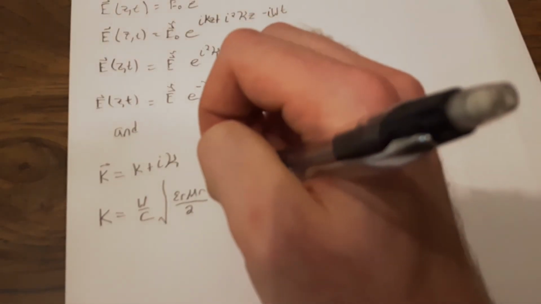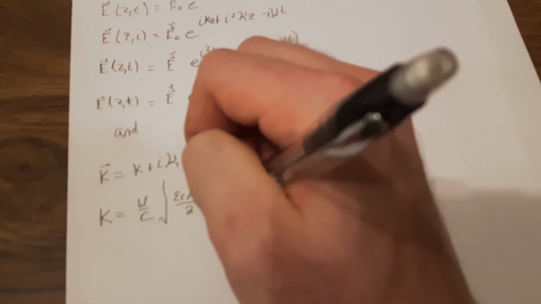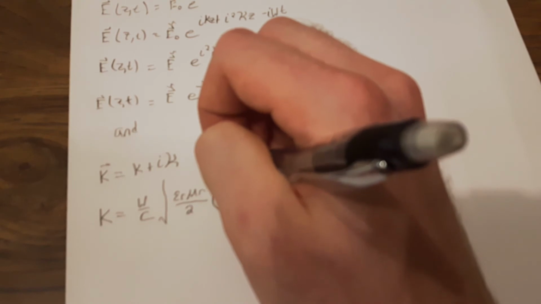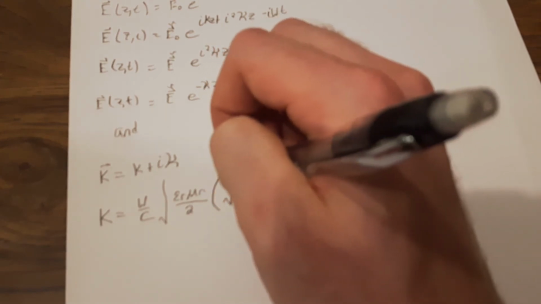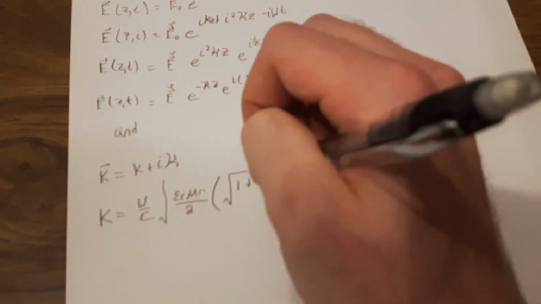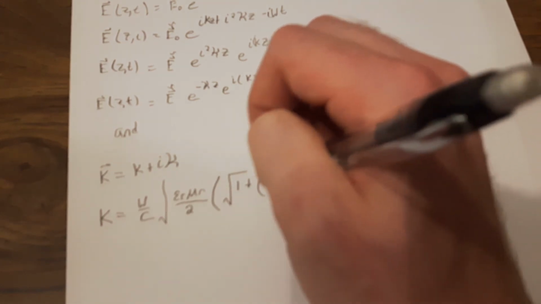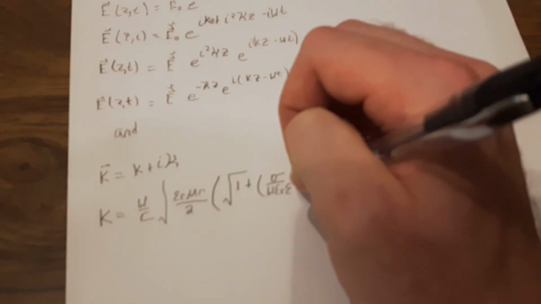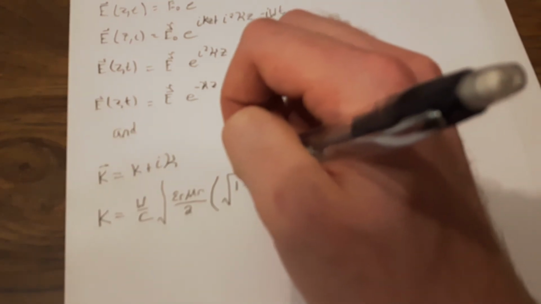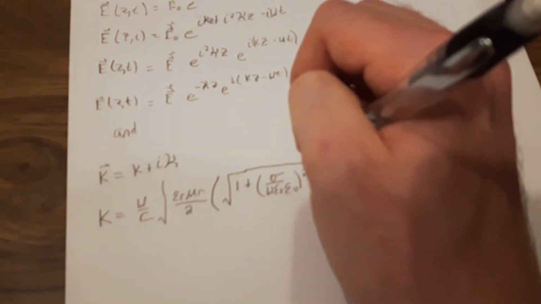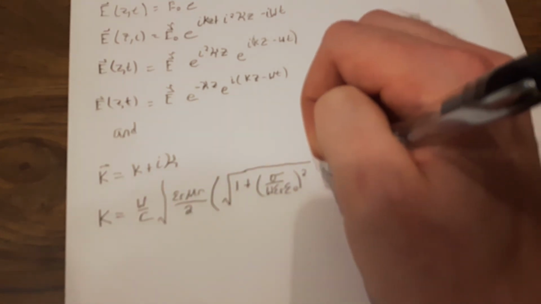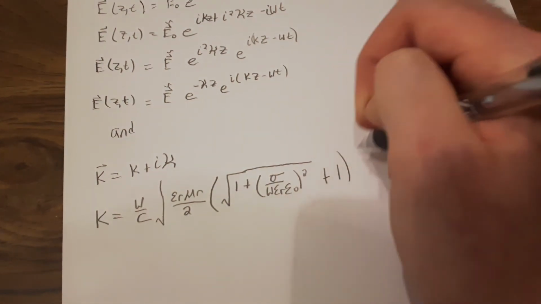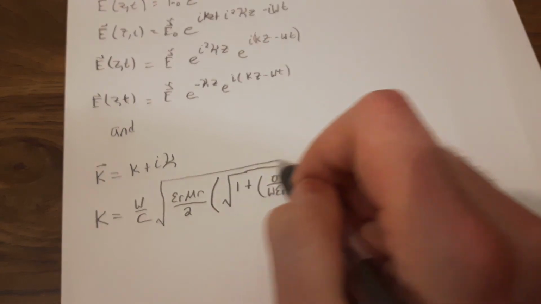Epsilon r mu r over 2 multiplied by another radical with 1 plus sigma over omega epsilon r epsilon naught squared, all of that under the radical, plus 1, and then we close the first radical.